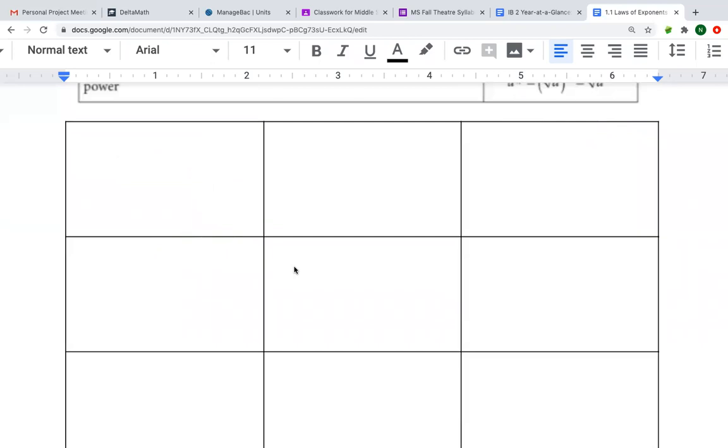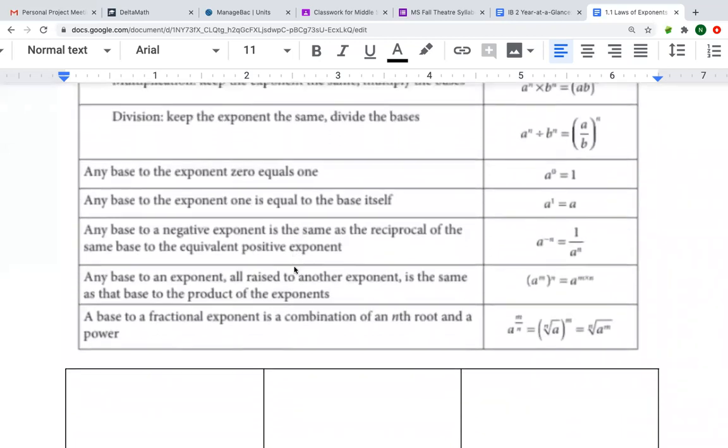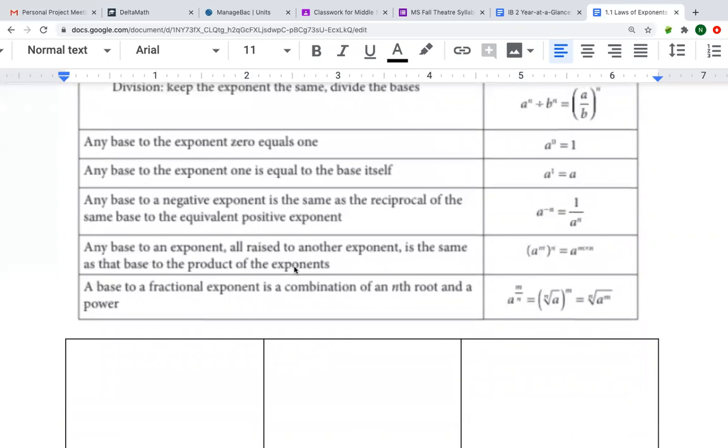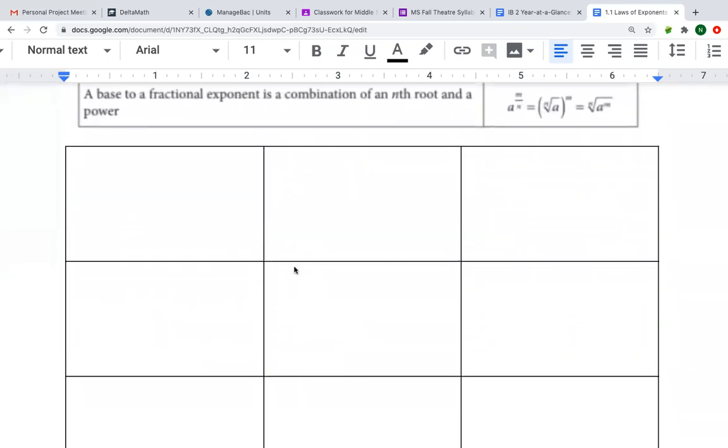The next one that we have on here is that any base to the exponent 0 is always equal to 1. So it doesn't matter if it's x to the 0 power, that would be equal to 1. But if it's 1 million to the 0 power, that is also equal to 1.